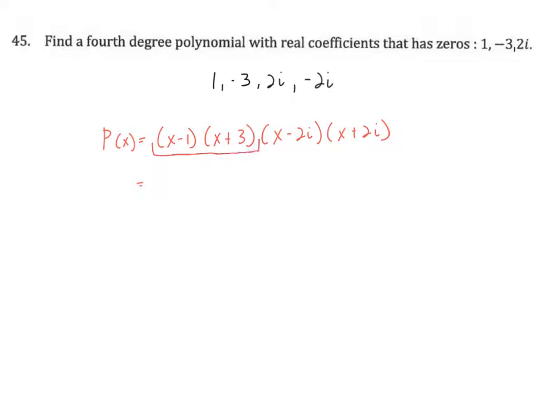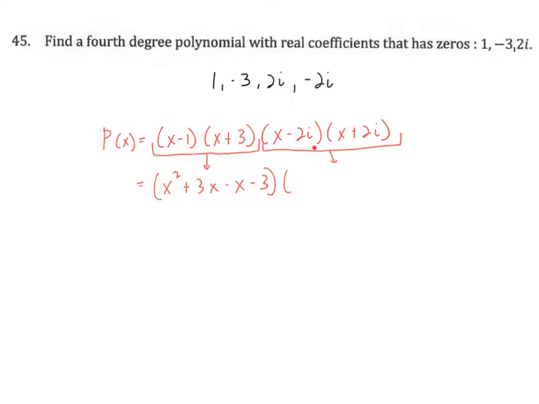So when these two get FOILed, x squared plus 3x minus x minus 3. Okay. And then now when we FOIL these, and we'll simplify this in the next step. And then we FOIL these.